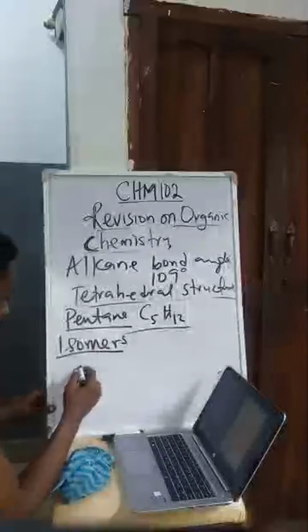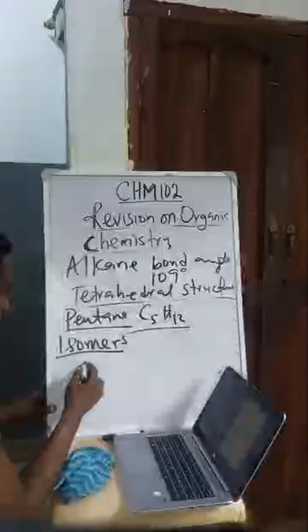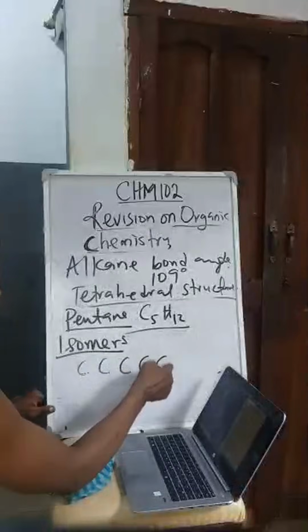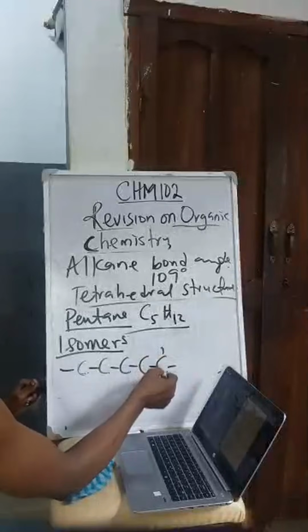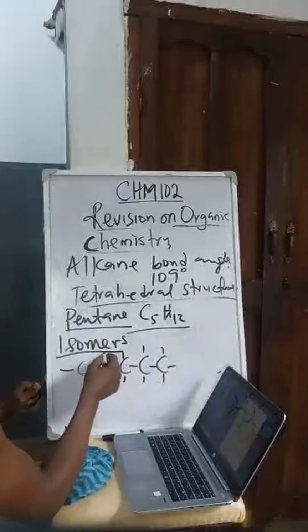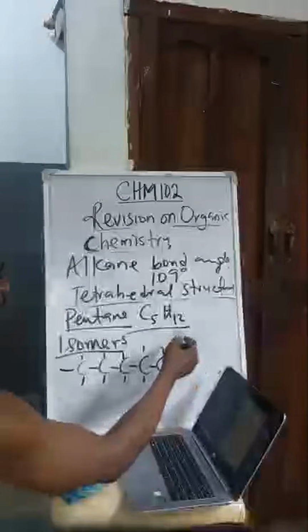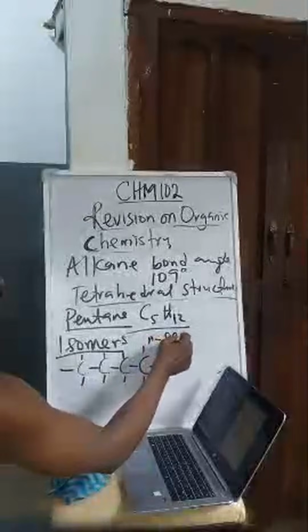When we have C, C, C, C, C, this is n-pentane, a straight chain: 1, 2, 3, 4, 5.